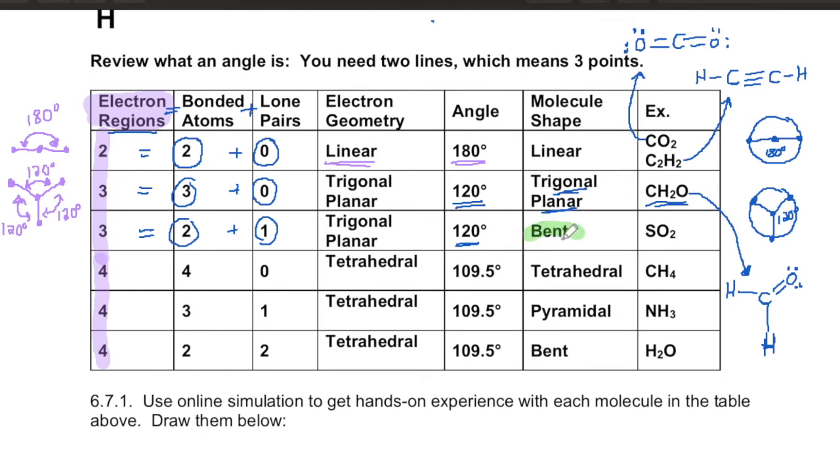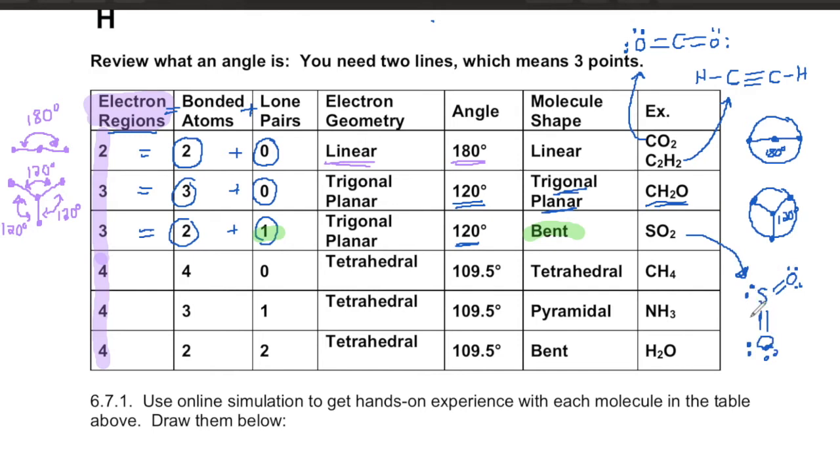We have a bent molecule even though the electron geometry is trigonal planar. This will happen when you have one of your electron regions being a lone pair, because the lone pair of electrons is so tiny that it doesn't really show up in the shape. It doesn't look like much, and so instead of looking like a pizza cut into thirds, this is going to look bent.